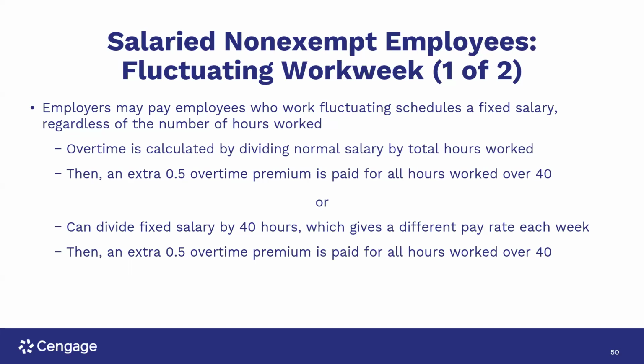And then a time and a half premium is paid for all hours worked over 40 hours per week. Or they can divide the fixed salary by 40 hours, which then gives a different pay rate each week. And then a time and a half overtime premium is still paid for all hours worked over 40.